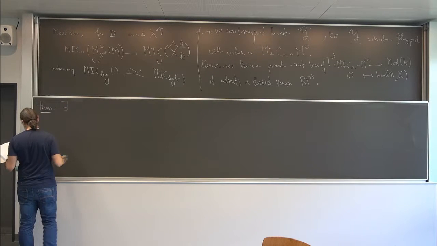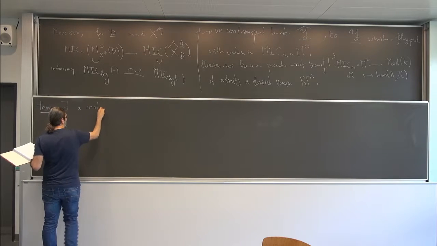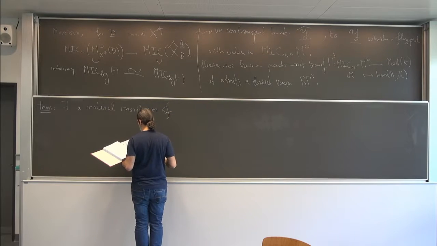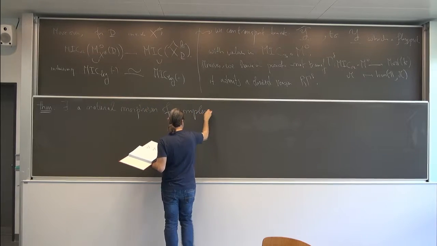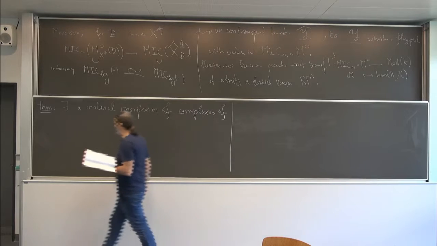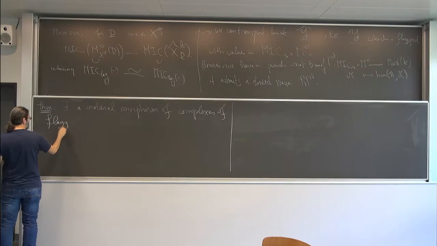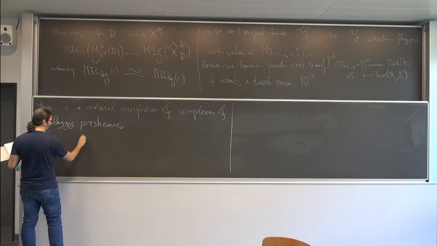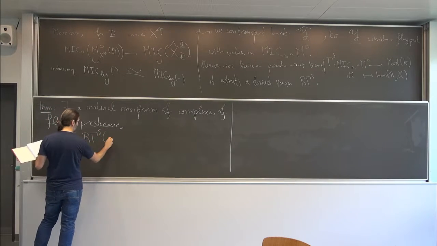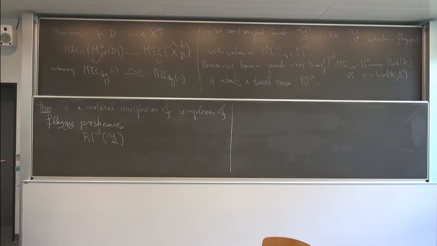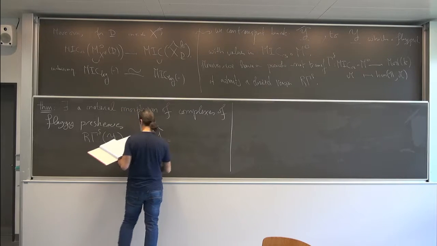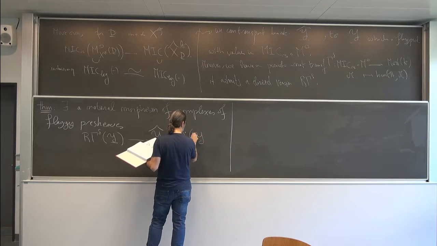Okay, so there exists a natural morphism of complexes of flaggy presheaves that goes from R gamma delta applied to y, which is the flaggy presheaf with values in mic regular singular composed with m, to the y hat, which, remember, is the de Rham complex of y hat underlined.